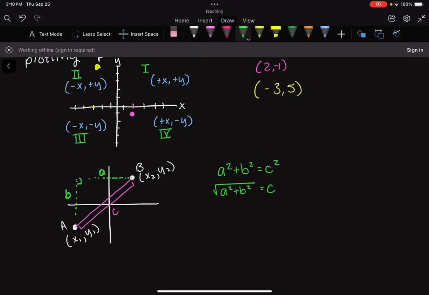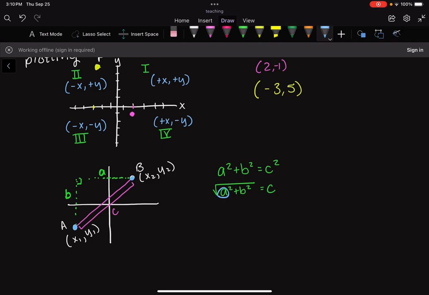Now for our distance formula here, think about how we're going to get our a. My a is the distance from this x1 point to this x2 point, the horizontal distance.